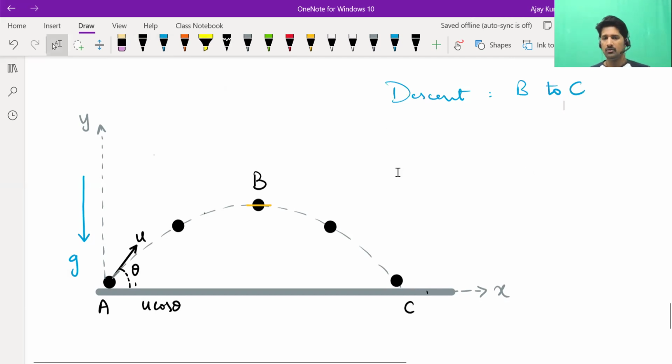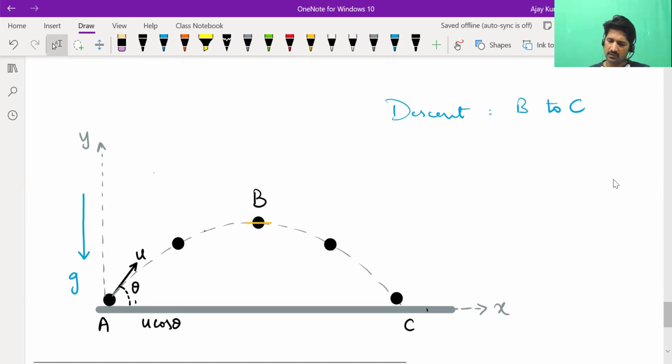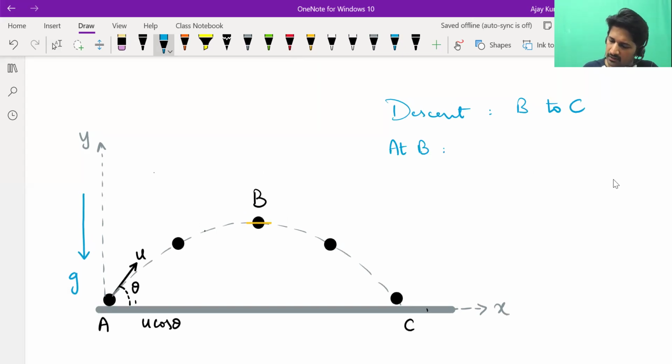What all do we know about the object at point B? Sir, Vy 0, Vx some value. Okay. At point B, the velocity is the x component. The x component always remains the same. Initially, whatever it was, it will always be the same. Initially, the x component was u cos theta.